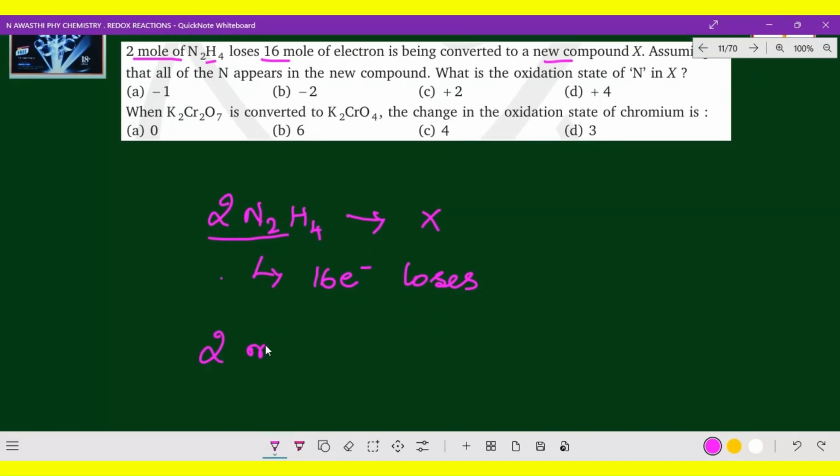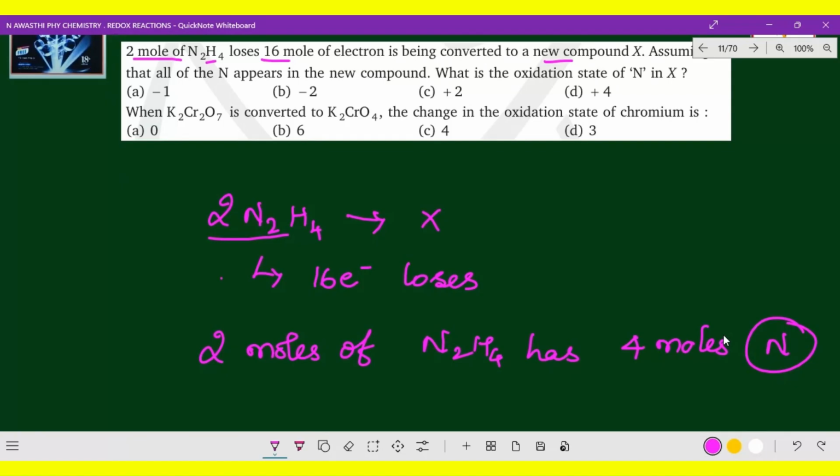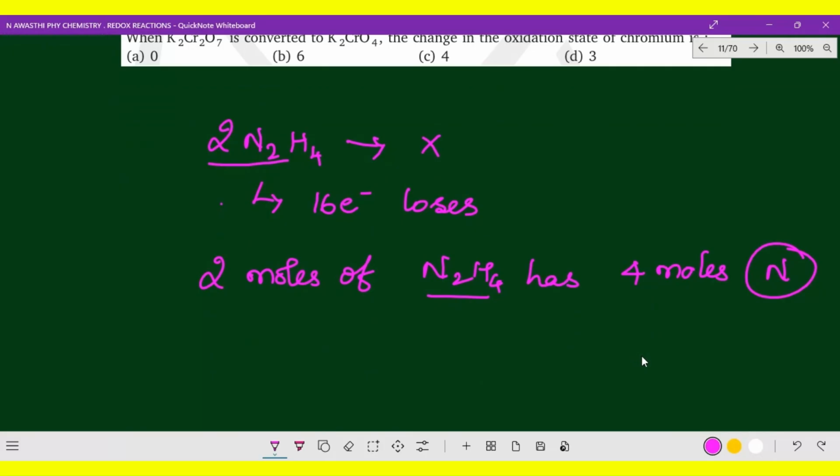So 2 moles of N2H4 has 4 moles of nitrogen atoms, right? Now we have to identify per mole of nitrogen. Therefore, 1 mole of nitrogen has how many electrons in that way?